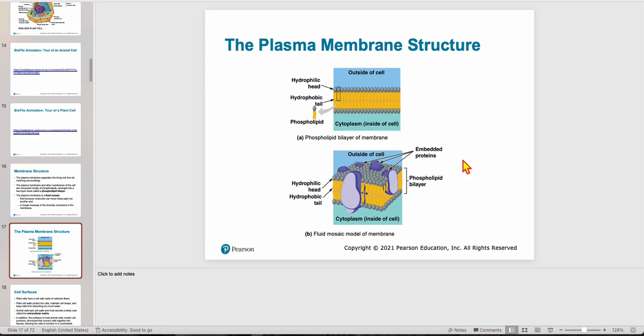The last example that I want to give as a function for these embedded proteins is receptor. That's how drugs know where to go. Drugs know where to go, and hormones know where to go because these embedded proteins can act as receptors. So the hormone or the drug knows exactly where to go and do its thing. So in our body, we have insulin as a hormone.